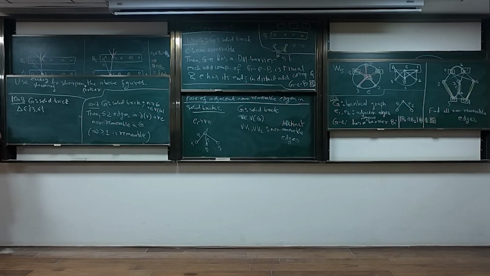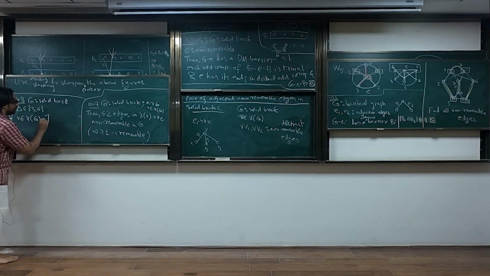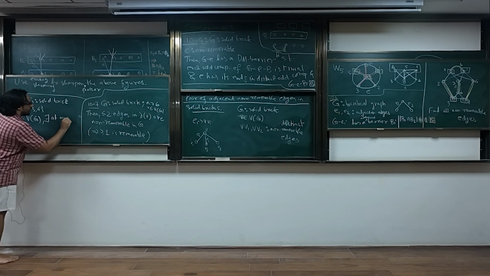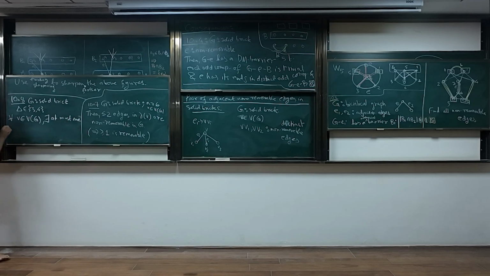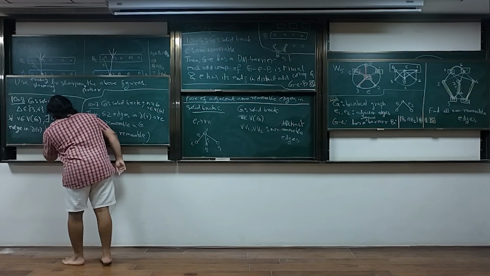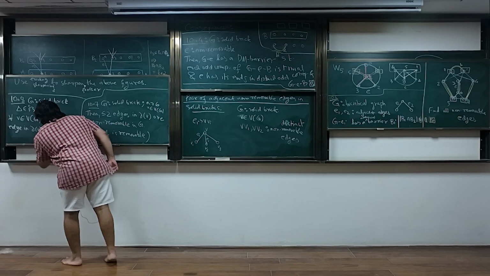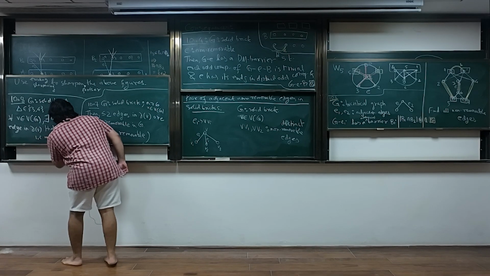Then for each vertex V, there exists at most one edge in the boundary of V that does not lie in a removable class.